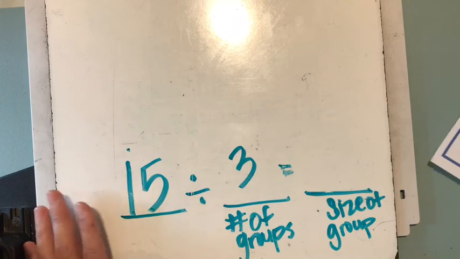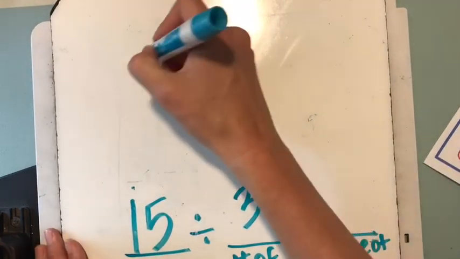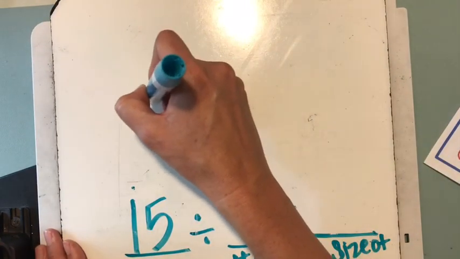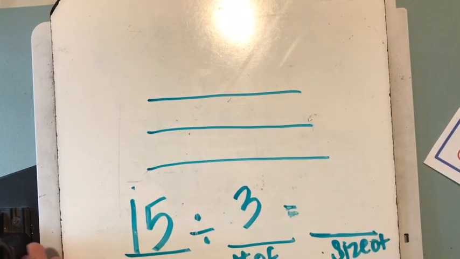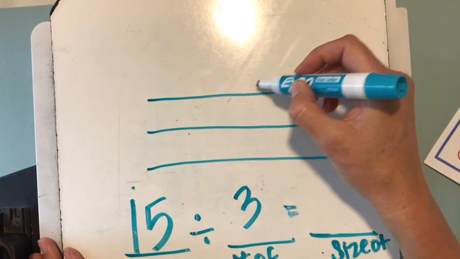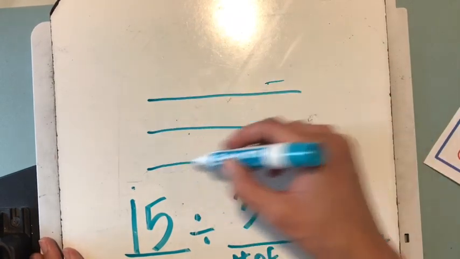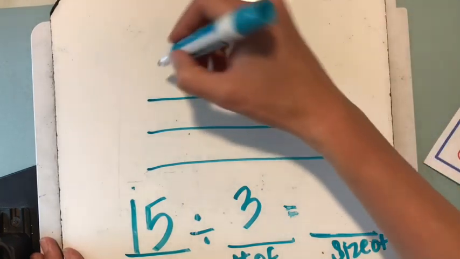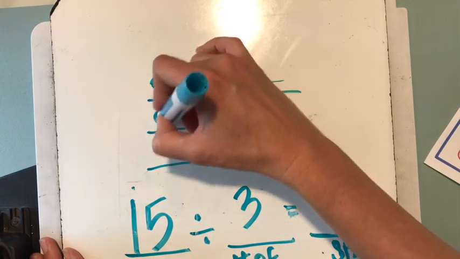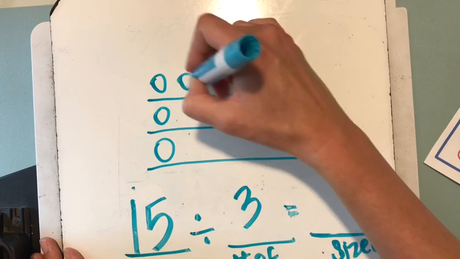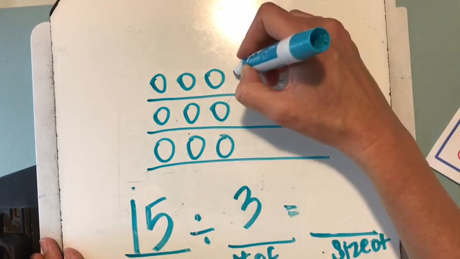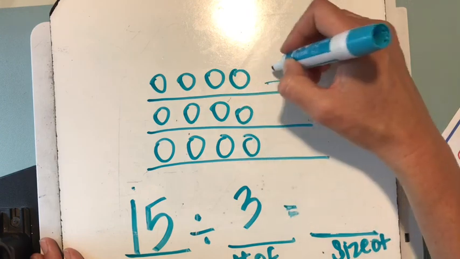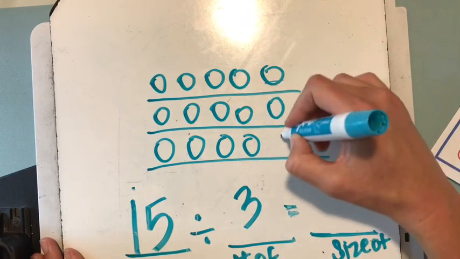Well, let's draw a picture. Let's figure this out. I'm going to do an array. I know I have 3 groups, 1, 2, 3, right? Now I'm going to do 1, 2, 3, 4, 5, 6, 7, 8, 9, 10, 11, 12, 13, 14, 15.